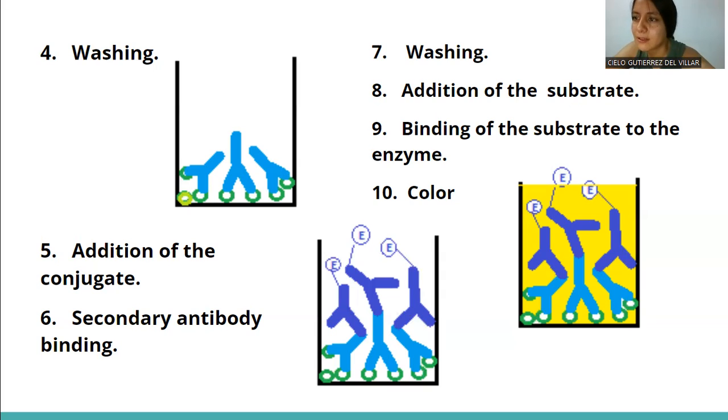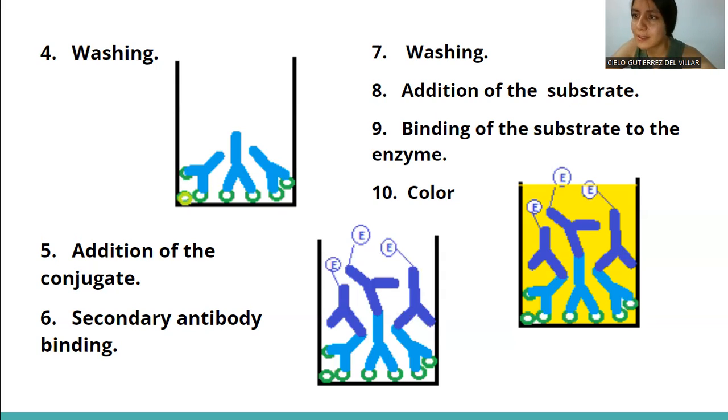The addition of the substrate is carried out and is incubated at the time in which an enzymatic reaction will take place. Here occurs the binding of the substrate to the enzyme, obtaining the product of the reaction.